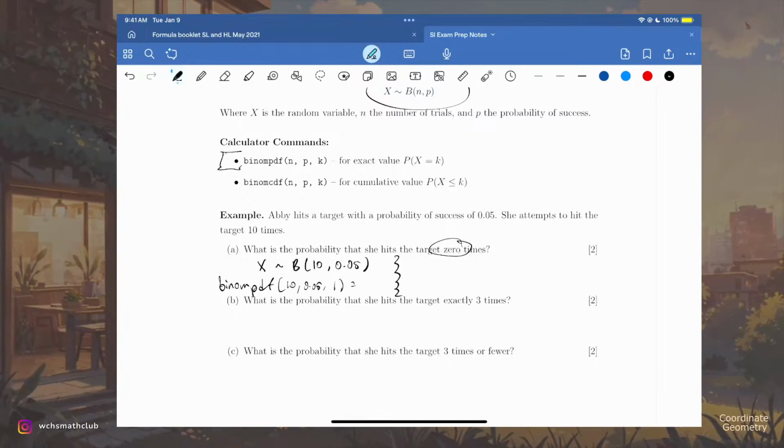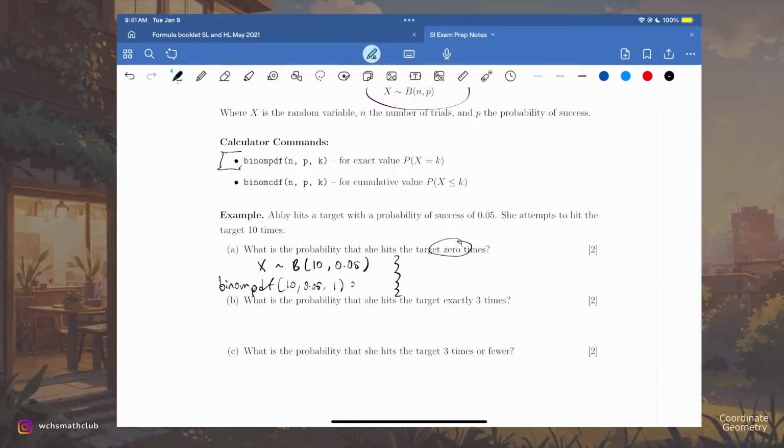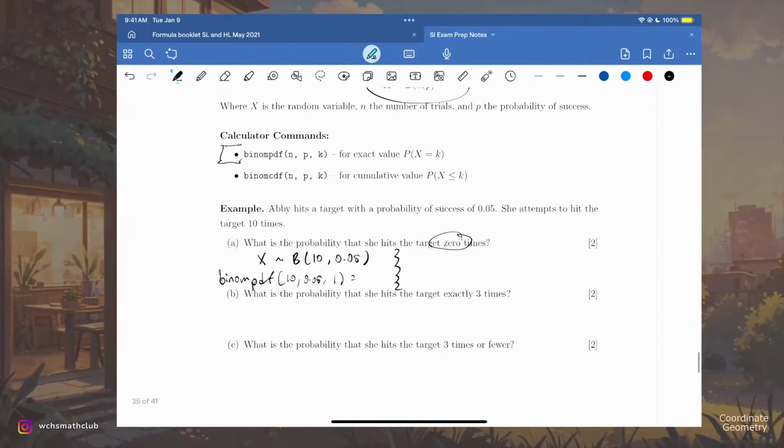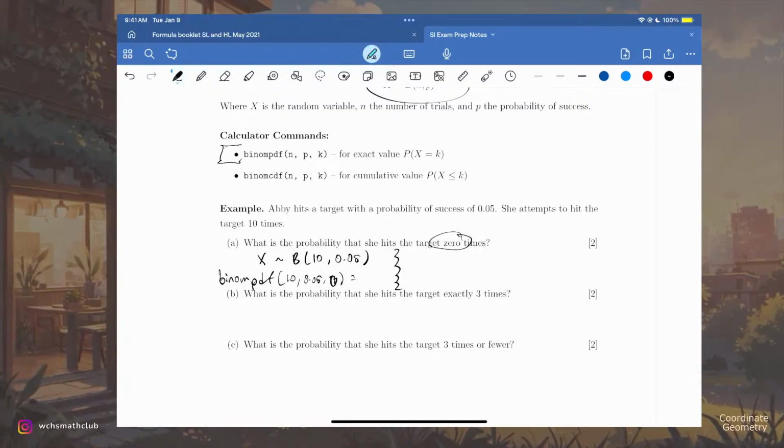I'll go to second distribution and scroll to the bottom. We see binomial PDF, trials is 10, 0.05. And then we get the value of, oh wait a minute, this says target 0 times, my bad. So you would actually do the same thing but with 0. Get just about 60%.